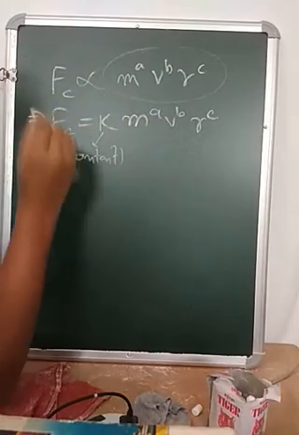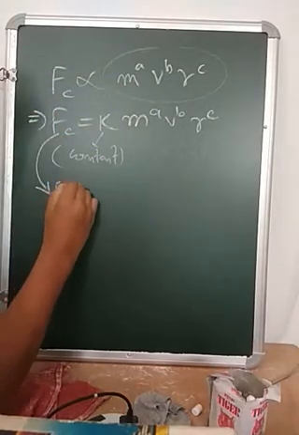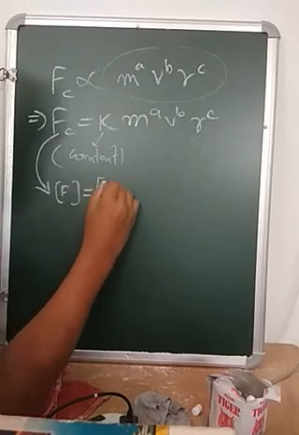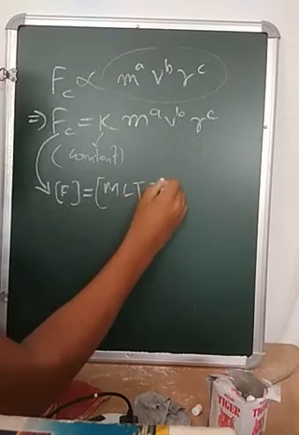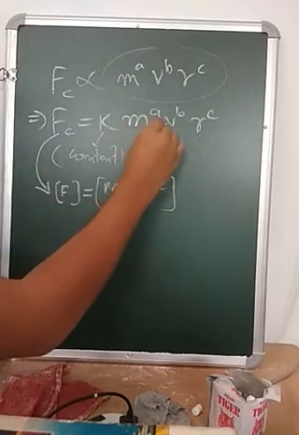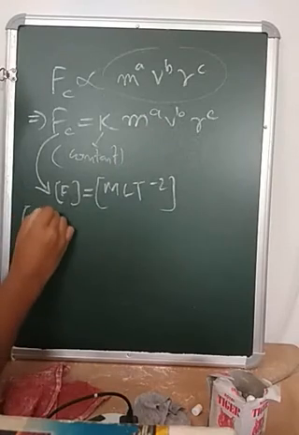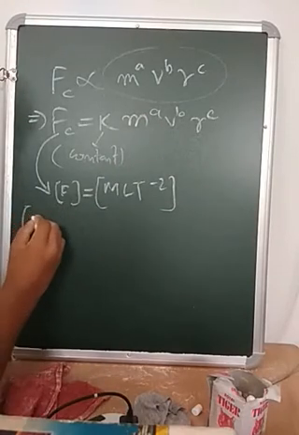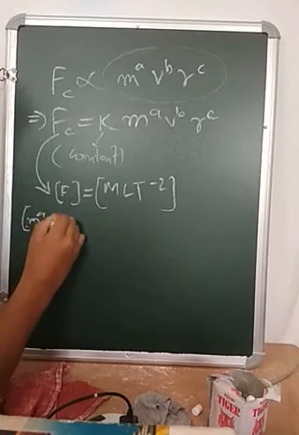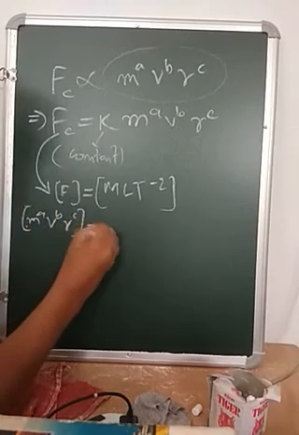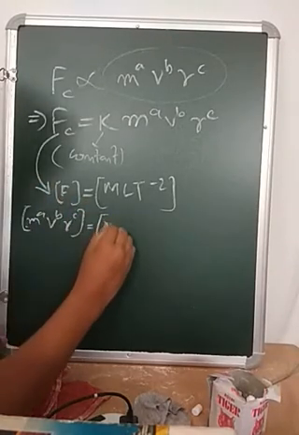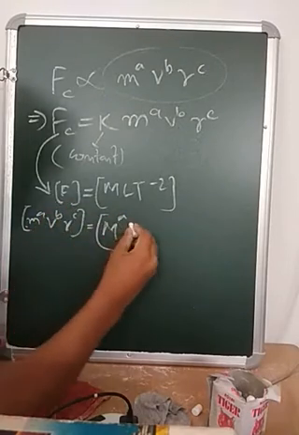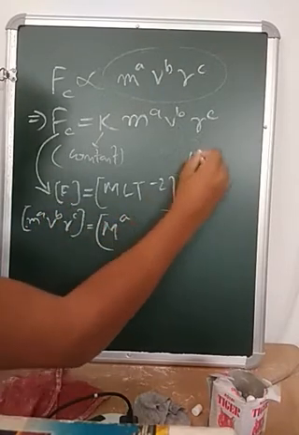What is the dimension of force? It will be M L T to the power minus 2. And what is the dimension of this term, m to the power a, v to the power b, r to the power c? So how do we write this? M means capital M to the power a. What is the dimension of v? Dimension of v is L T to the power minus 1.